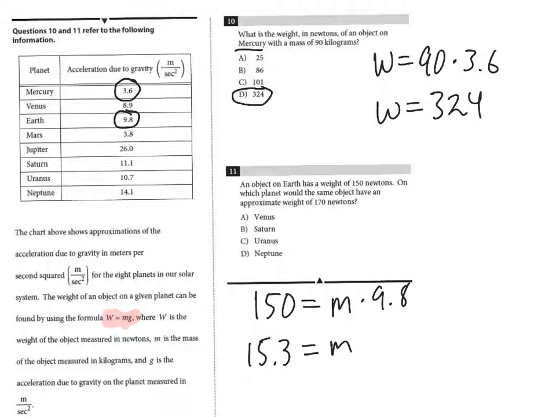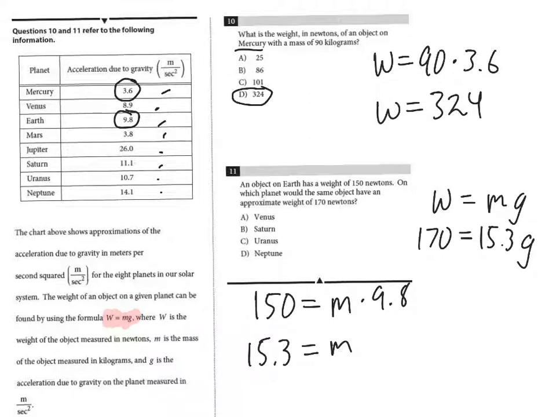Okay. So then we're trying to figure out on which planet this mass will have a weight of 170 newtons. One way to do this would be to plug this mass of 15.3 into the equation with each acceleration due to gravity. That's going to take a long time. So why don't we solve for the acceleration due to gravity based on a weight of 170 newtons and a mass of 15.3 times g.